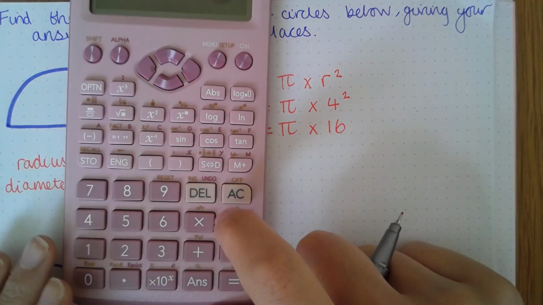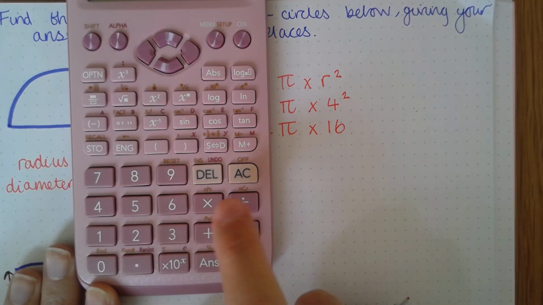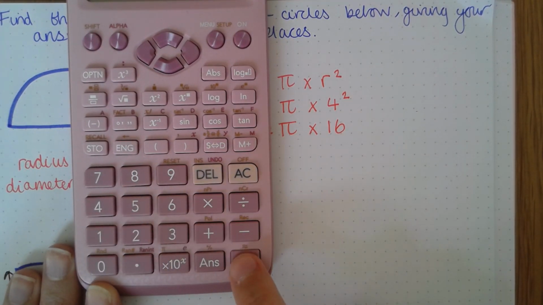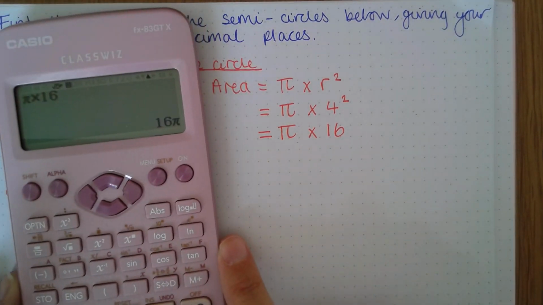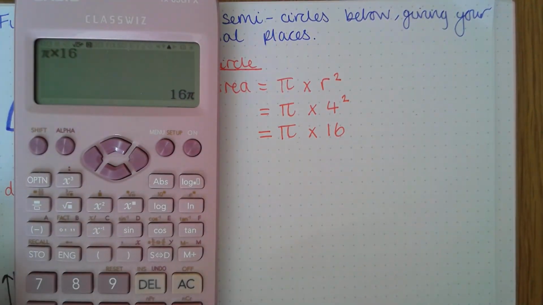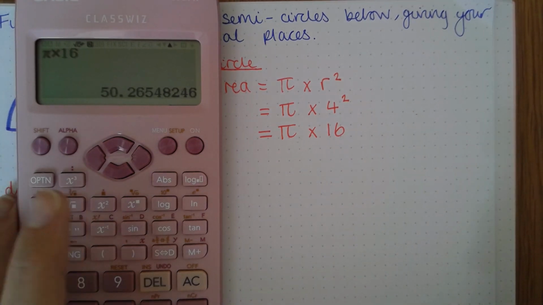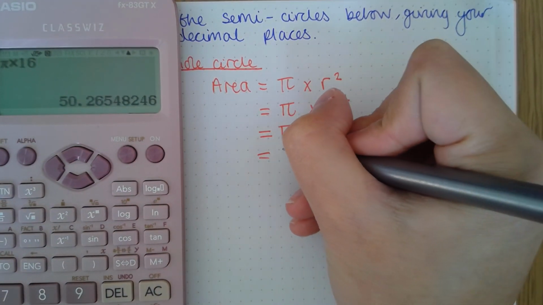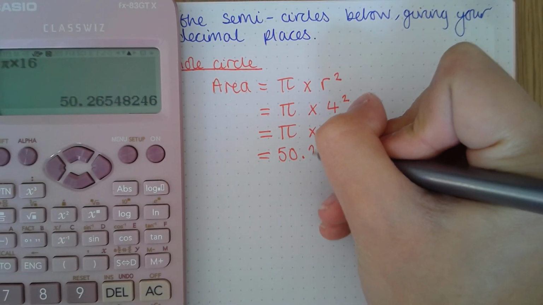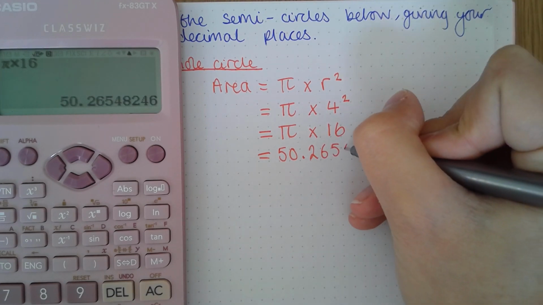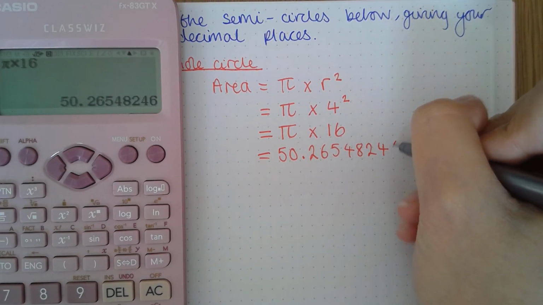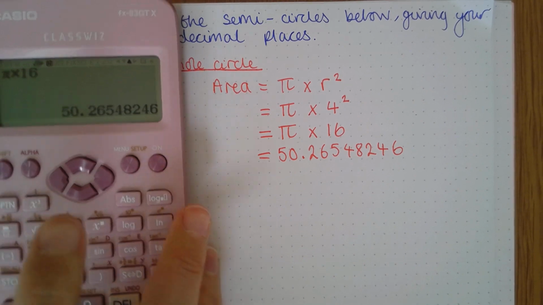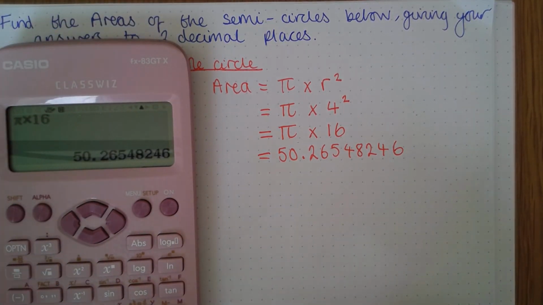So shift, and then pi times 16 equals, we've got 16 pi on the screen, so we need to press the S to D button. Okay, so it's 50.26548246, but don't clear that off your calculator because you're going to need to use it.